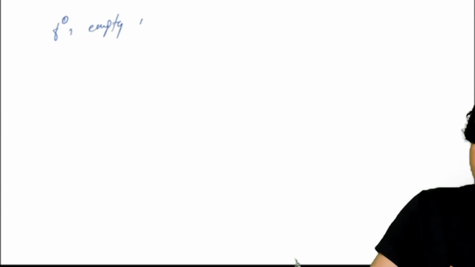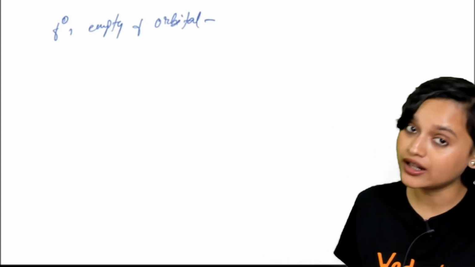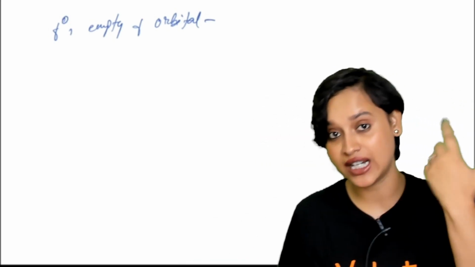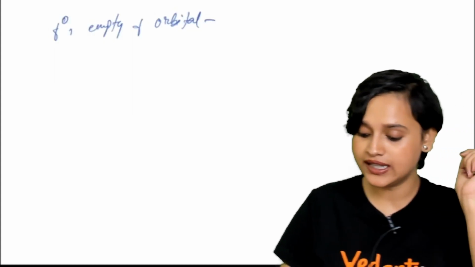But obviously exceptions are always there. Now what are the exceptions, everybody? You will be saying that if there is f0, that means empty f orbital. When do you see empty f orbital? For cerium and terbium. Actually, for terbium you will see f7, that is half-filled orbital, but for cerium you will see empty orbital.